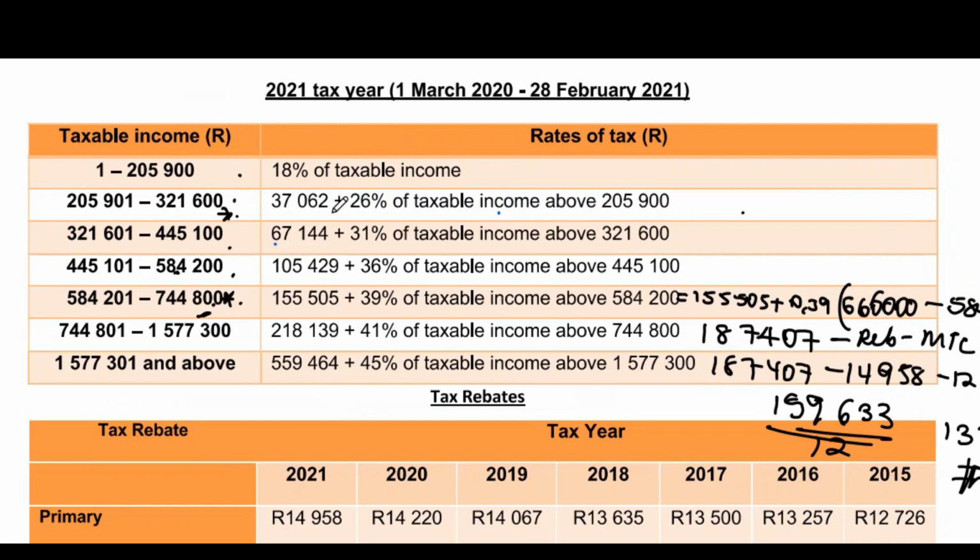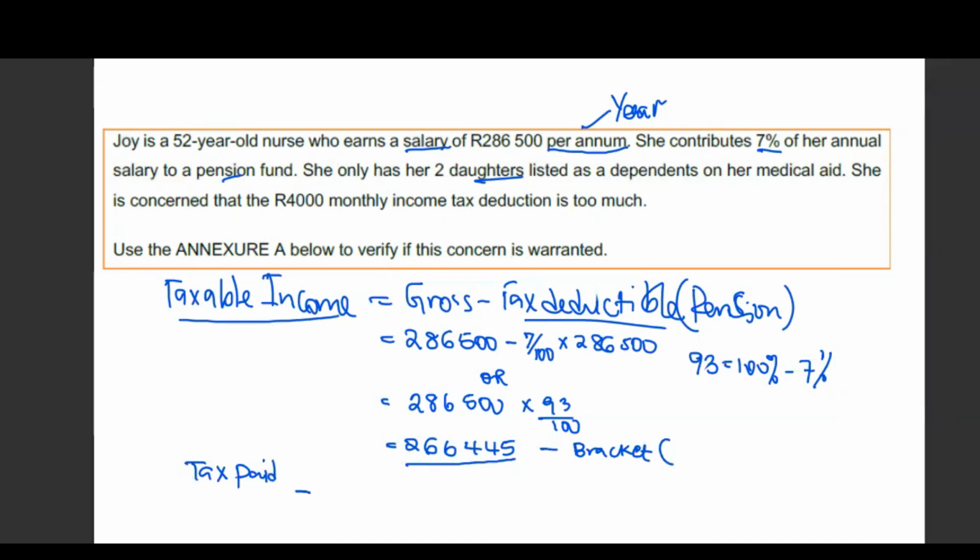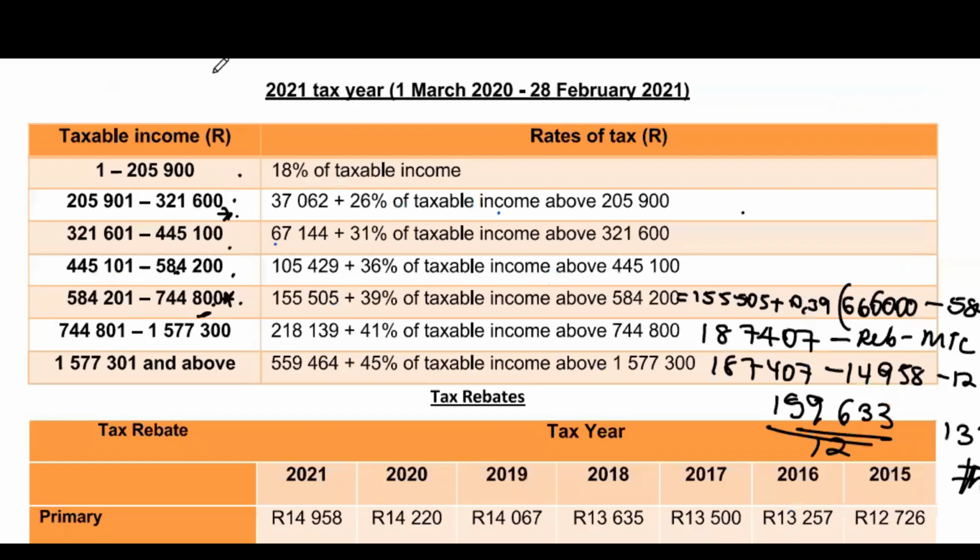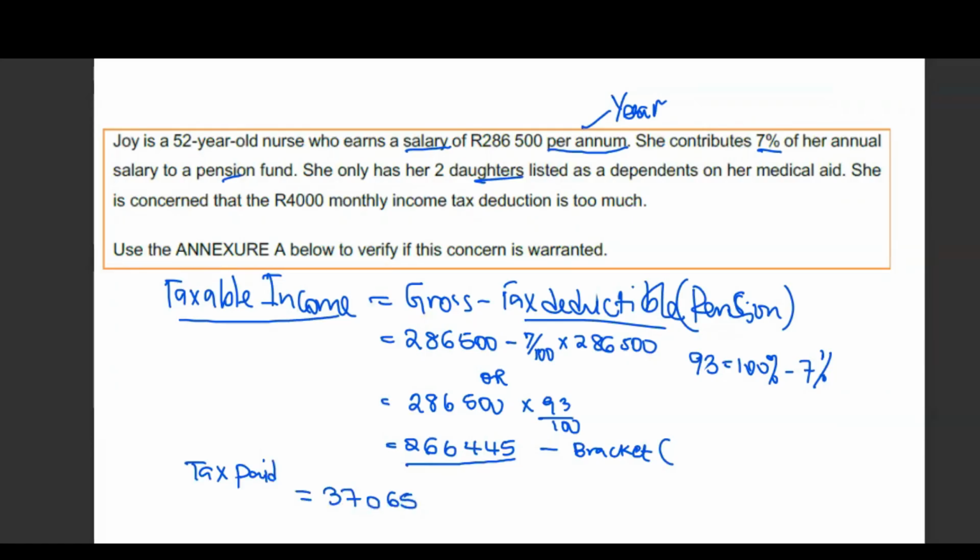So we say 37,062 rands plus the 26% that you saw there, which I will write like this, into brackets, the taxable income you've got now, minus... someone would ask, oh, in the first example we multiplied by 12.